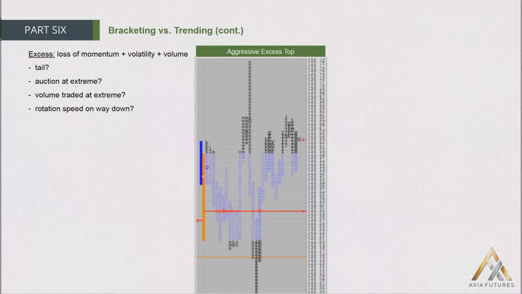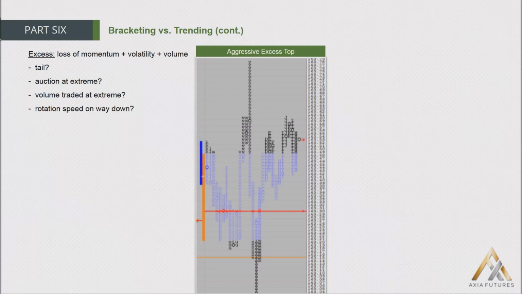Remember we said the aggressive excess top includes three things: volume, volatility, and a loss of momentum. So in terms of volatility, what do we mean by that? Well, if you look at the size of the two or three candles before we formed the Y tail top, you can see there's quite a bit of overlap between prices, a lot of inside-type trade, a lot of two-way trade between buyers and sellers.